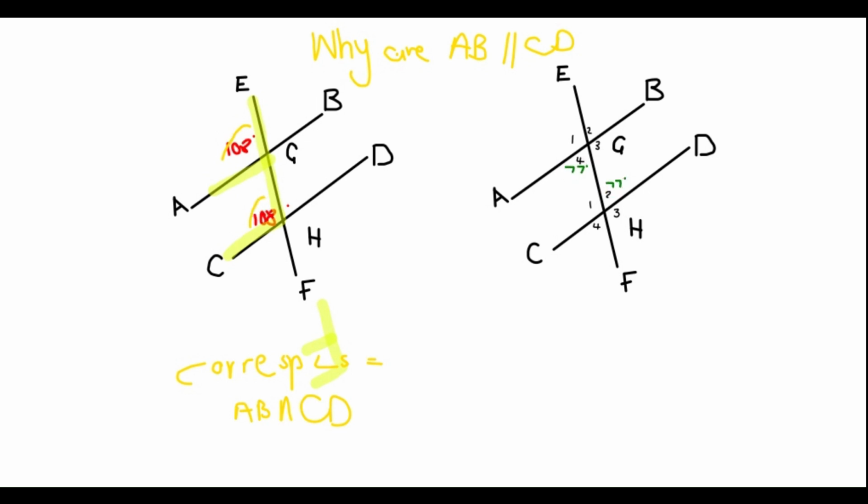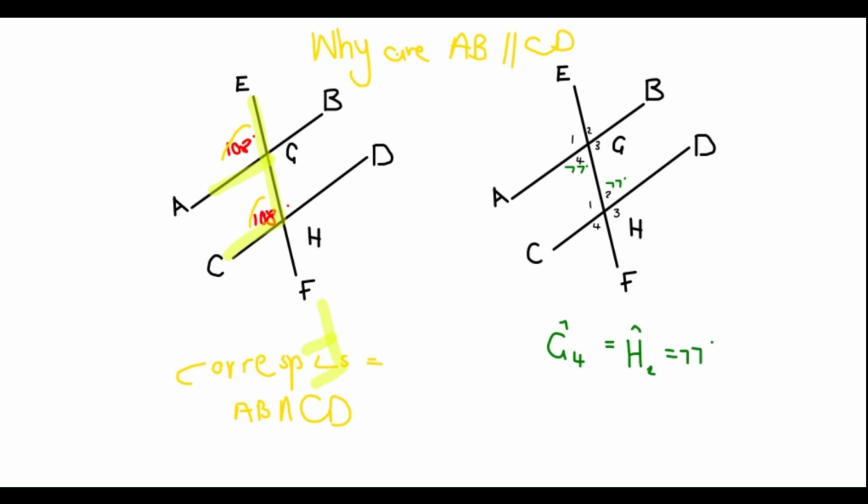Let's look at the second example. The line AB is given, CD, we need to prove that they are parallel, and the only other thing they give you is angle G4 is 77 and H2 is 77. So G4 is equal to H2. We see this because they are both 77 degrees.